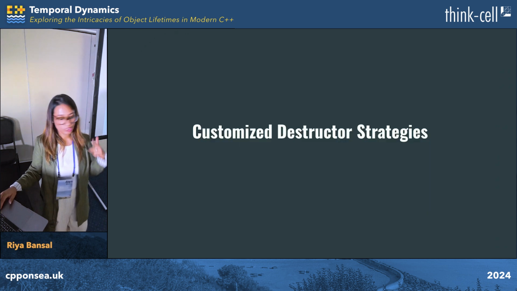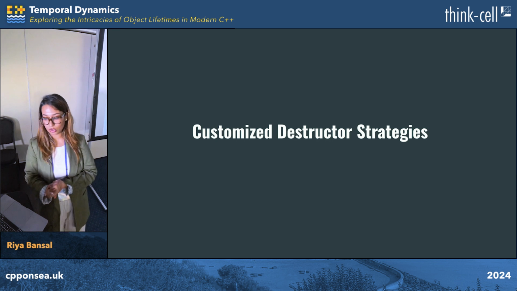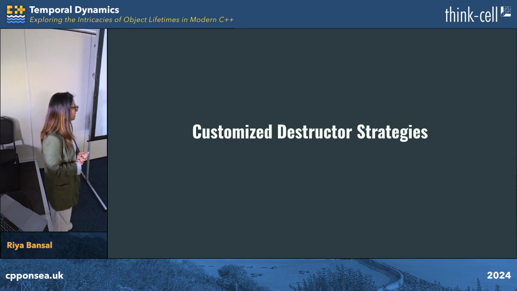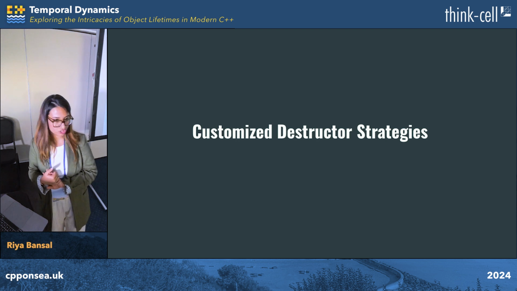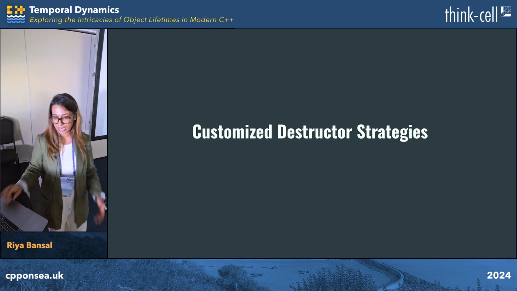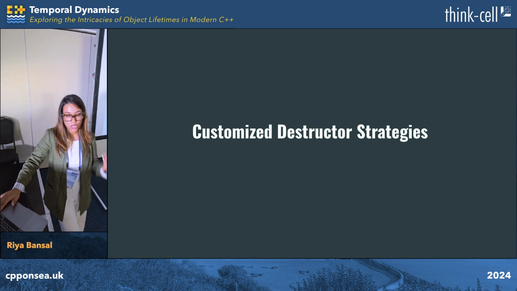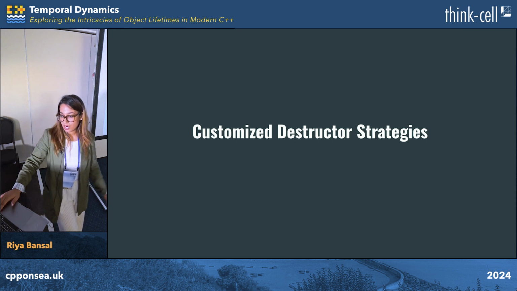All right, now that we know everything about this, another use case that we worked on more is bringing in customized destructor strategies. Although a lot of it is handled automatically, even if you use shared pointers, having customized destructor strategies is also very important.